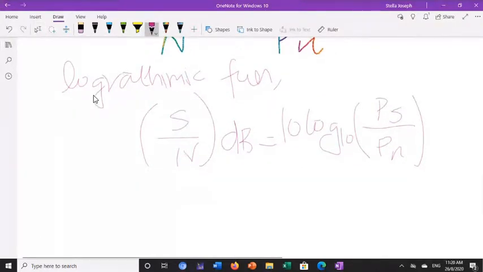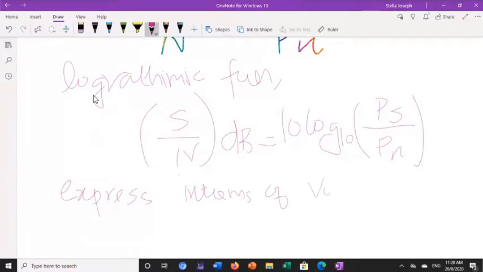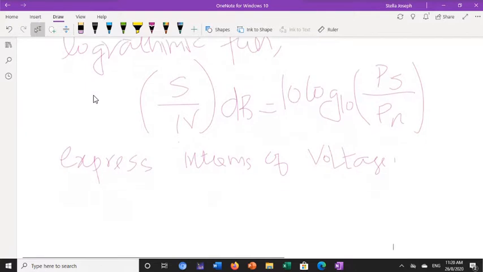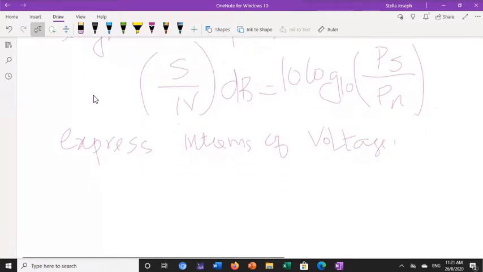Now when we express it in terms of voltage, when we express the signal to noise power ratio in terms of voltage, how will the equation become? How do we calculate P?